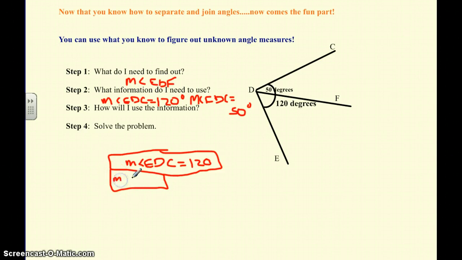So the measure of angle FDC is equal to 50 degrees. I forgot to put my degree small on there. Okay, so I'm trying to figure out what angle EDF is equal to. So my goal is to find the measure of EDF.